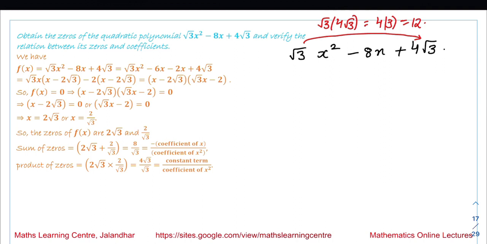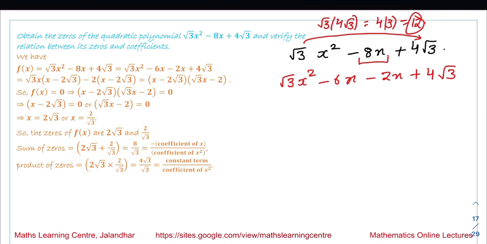So we have to split this term 8x such that the product is 12. So it is 6 and 2. So we can write it is root 3x square, then minus 6x minus 2x plus 4 root 3.